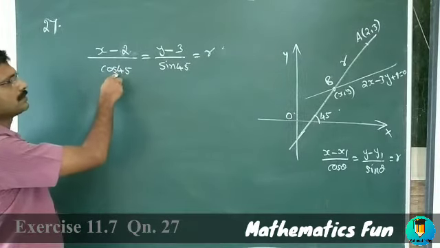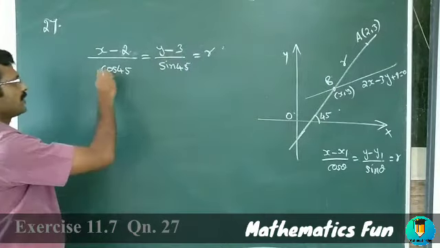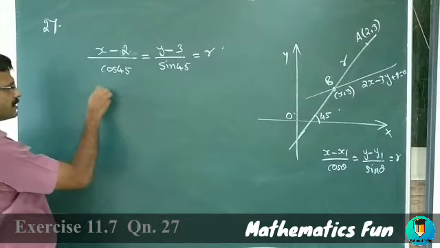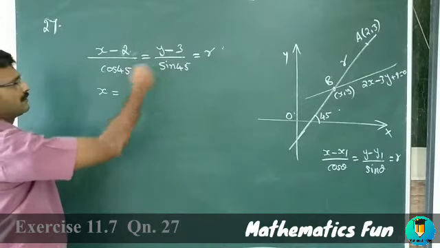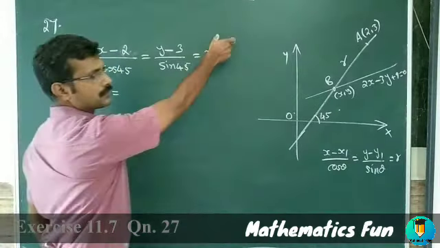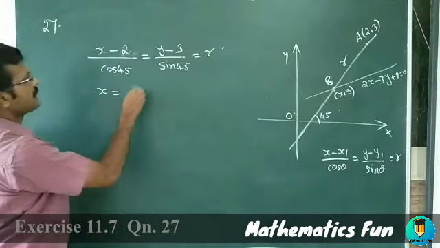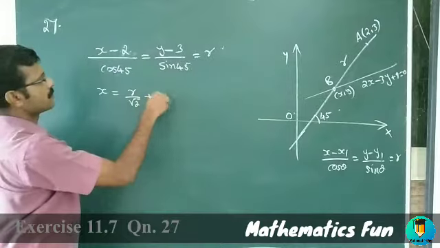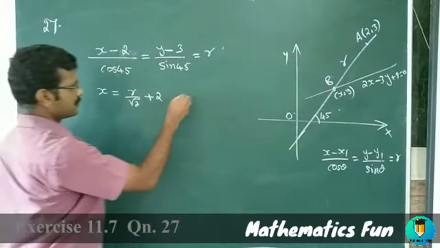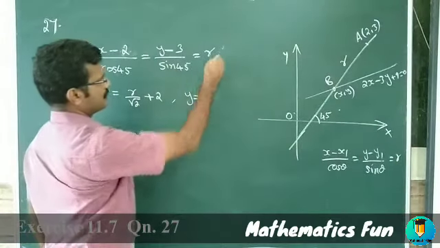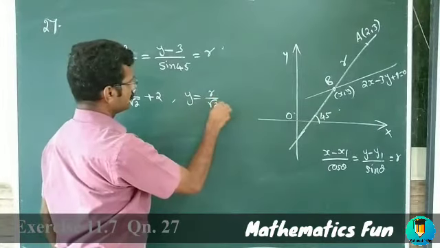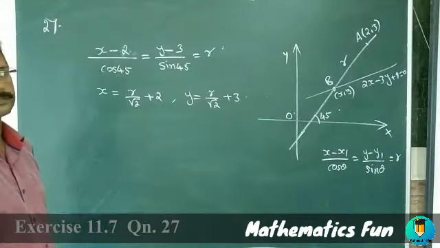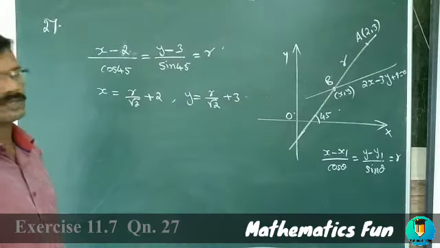Taking 1 by root 2 to the other side and cross multiplying, x equals r by root 2 plus 2. Similarly, y equals r by root 2 plus 3. So I got x and y in terms of r.